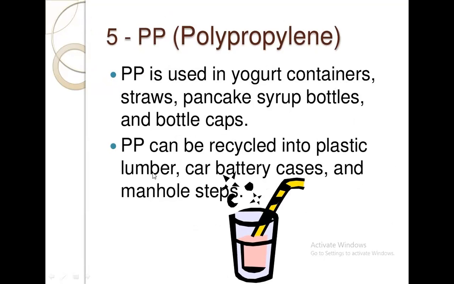Car battery cases, bottle caps, pancake syrup bottles. These are the recyclable products of polypropylene. This polypropylene can be recycled into plastic lumber, car battery cases, and manual steps. They use it for making manual steps or car battery covers.